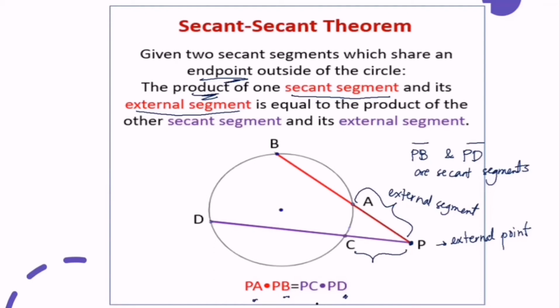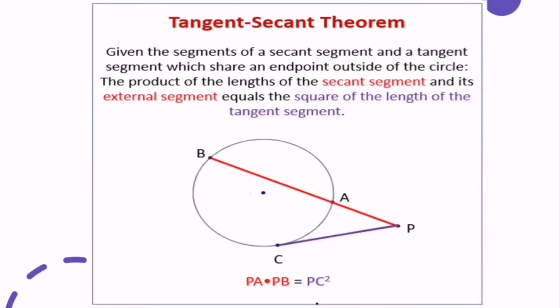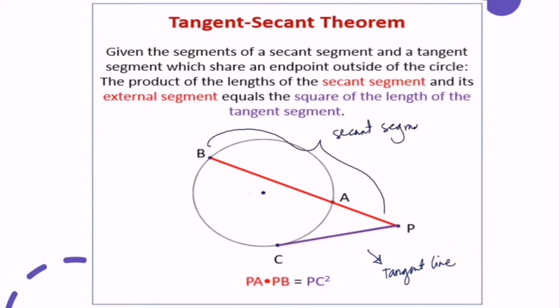Okay? And the next one is, paano naman kapag may isang tangent? Okay? So, ito, si segment PC, yan ang ating tangent line. Tapos, ito naman pong si PB, yan po ang ating secant segment. So, let us always remember na pagka tangent lang, we're just going to get the square. So, as you can notice, PC squared ang nangyari.